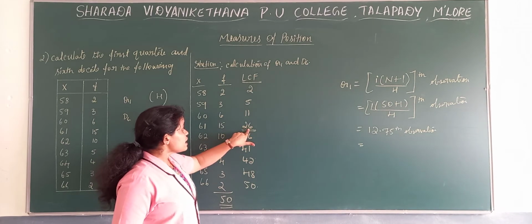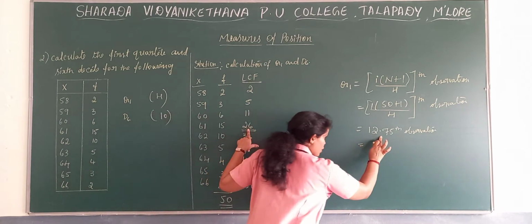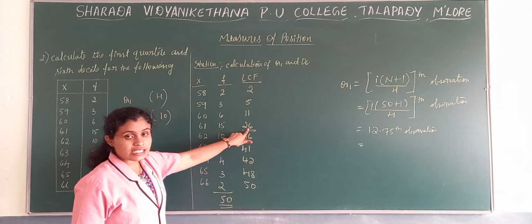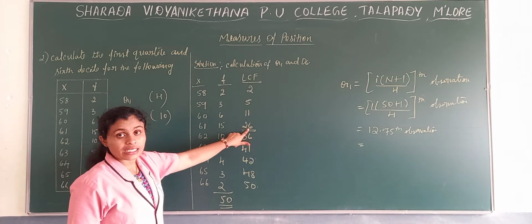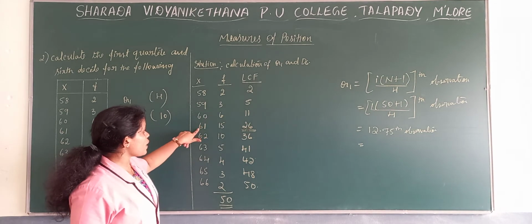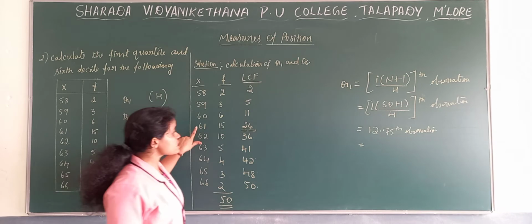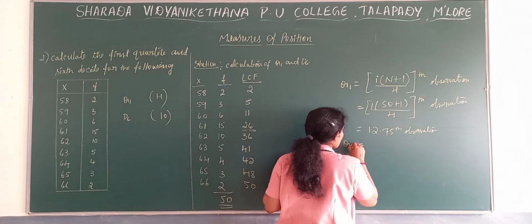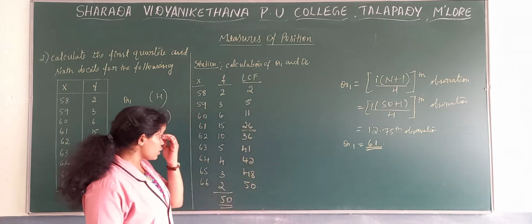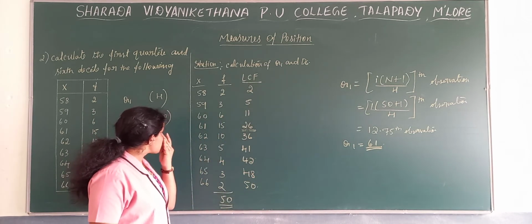So we check 12.75 in the LCF and we can see that it falls in 26. The corresponding x value is 61. So here Q1 is equal to 61.